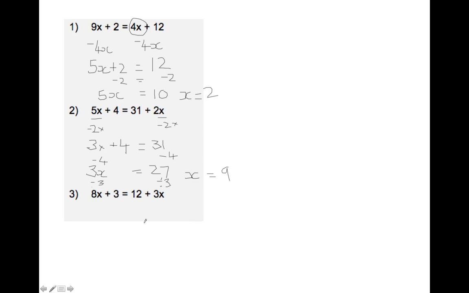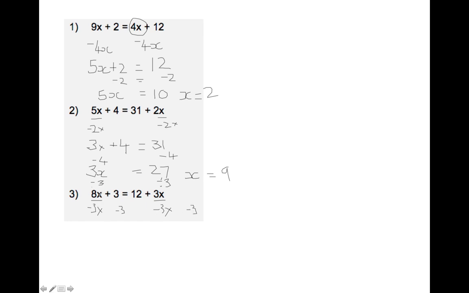And now we're on the last one. Which side has the most x's? This one does, so I shall take away this one. So I'm going to take away 3x off both sides. And if I want to be really clever, I can just say, well, I'm keeping my x's over here, so I want to get rid of the plus 3. So I need to take away 3 on both sides, the opposite of plus.